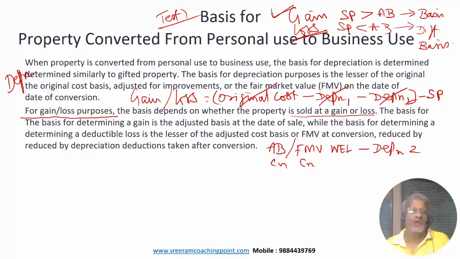That is what we have to deduct. So that becomes the basis, and that has to be compared with the selling price, and that difference is what we are going to take as loss.